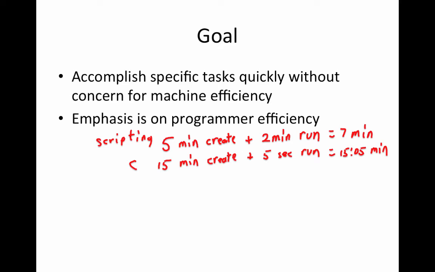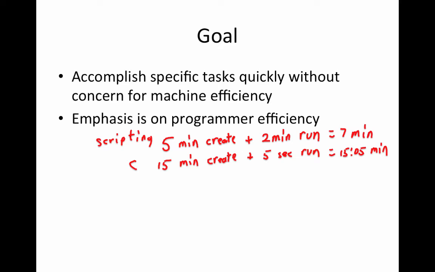Now clearly, this isn't a winning long-run solution if this program is going to be run many, many times. If, for example, this program is meant to support an Amazon server, then we need to write it in C because we need it to be efficient.